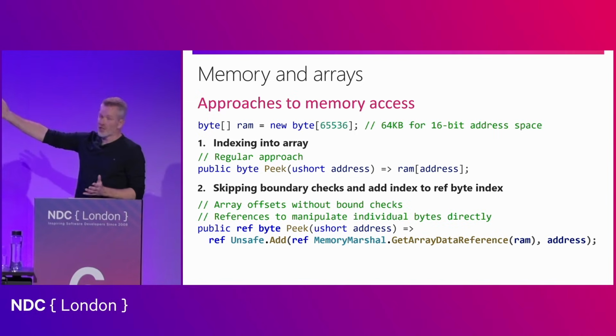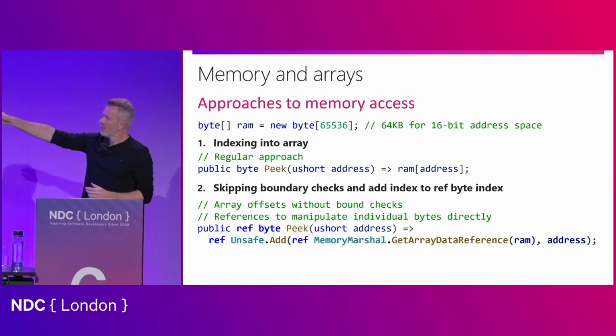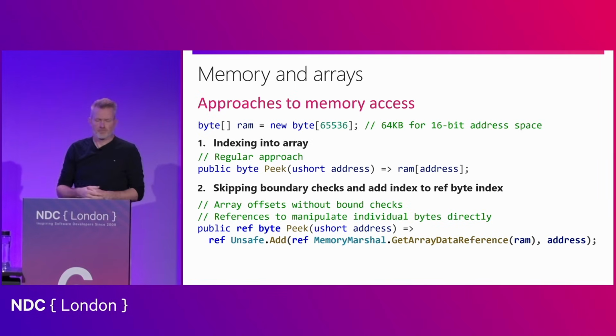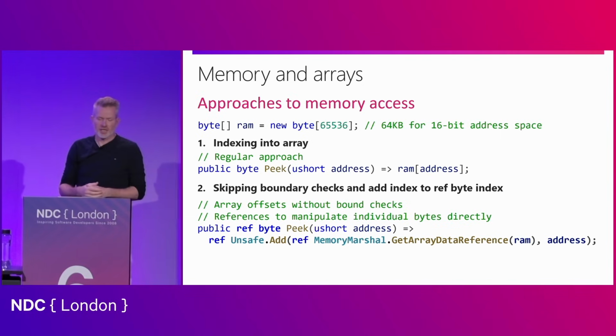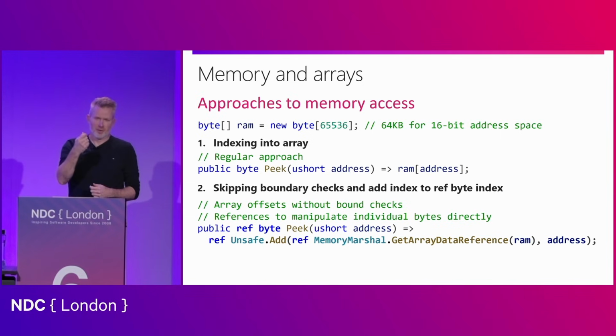Then you can decide, and I put it in just because this is what you typically don't see, the 2 ref words at the beginning. This means that if you get back the byte that is located at that index in the array, the ref means that you have the actual value, not a copy of it.